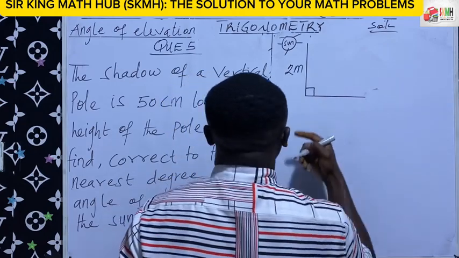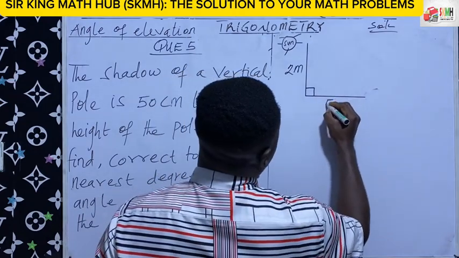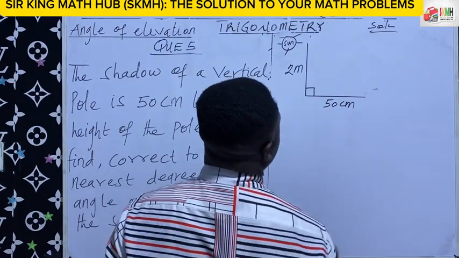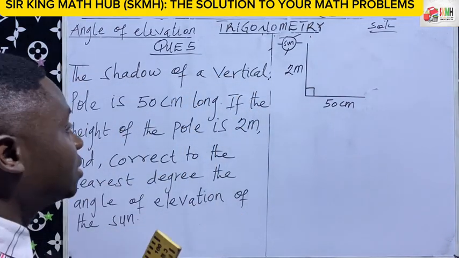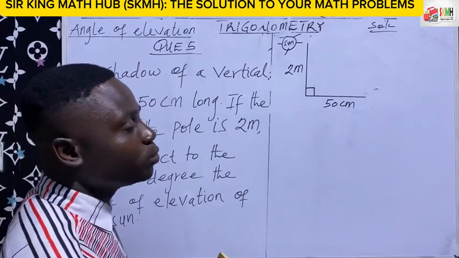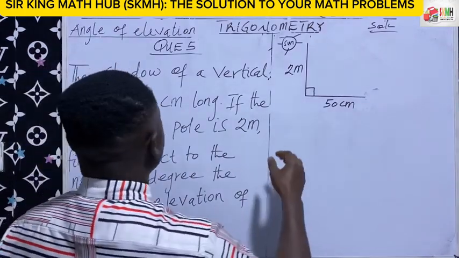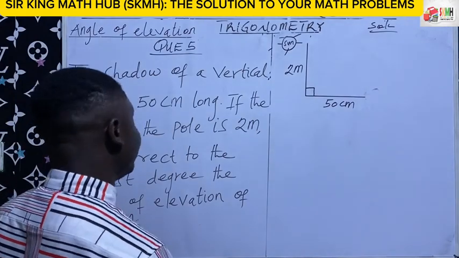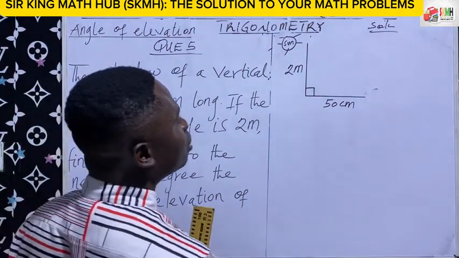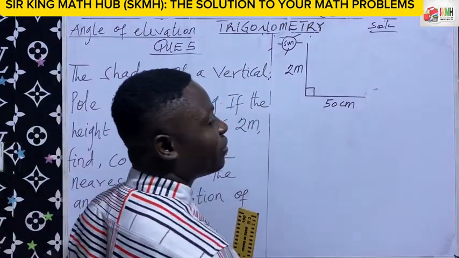And what is the length of the shadow? It was given as 50 centimeters. And we are to find the angle of elevation of the sun. So how do we create the angle of elevation of the sun?